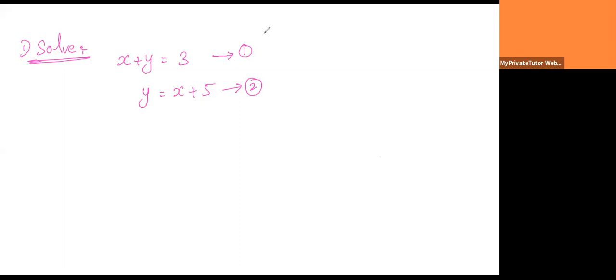So which method are you going to use, guys? Elimination or substitution? We can use any of the methods here. Since y equals x plus 5 is given in the second equation, I will suggest you use the substitution method. So that's what I'm going to explain.